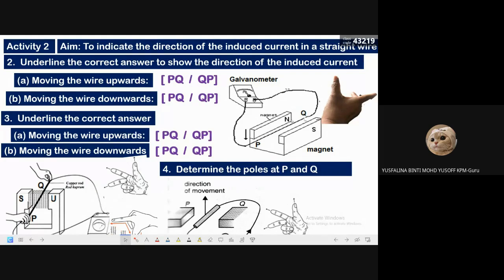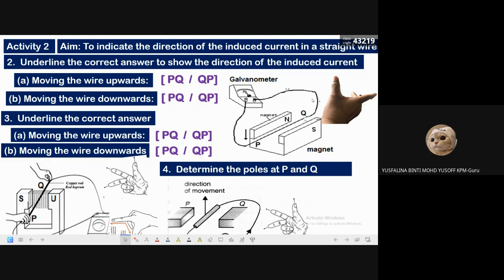But in this one there is no battery, so how do we know which direction the current will flow, whether clockwise or anti-clockwise? We have to use Fleming's right hand rule.